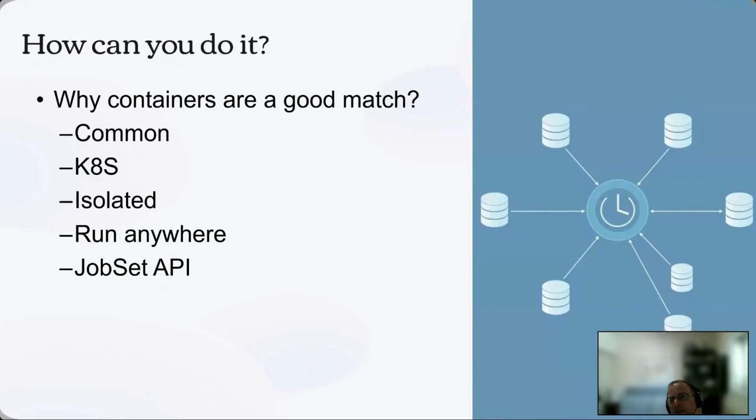So now that you know the what, we can think about the how, right? And my first thought was to use Kubernetes or containers because they're common now, so you can find them almost everywhere. Kubernetes gives you an orchestration layer that enables you to start and set up and monitor clusters easily.